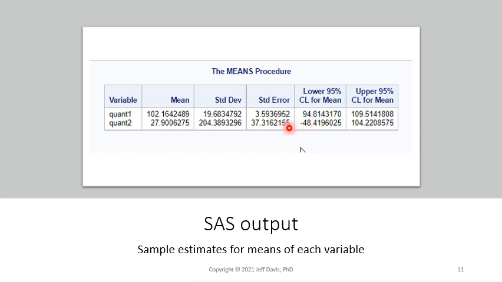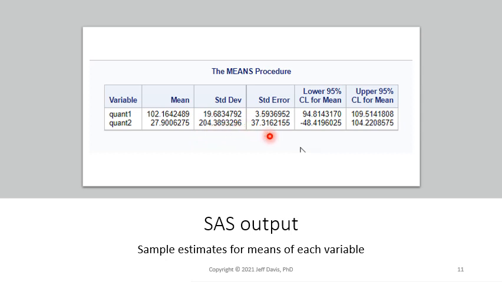So take, for instance, quant 2. We have a mean of 27.9. Remember, the actual mean that we got for the population parameter, I think, was 79. It has a standard deviation of 204.